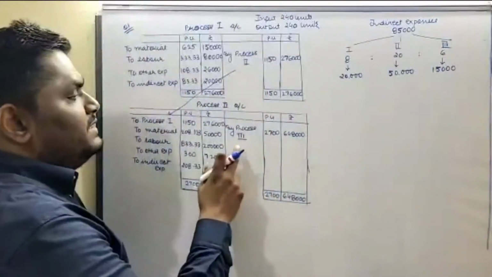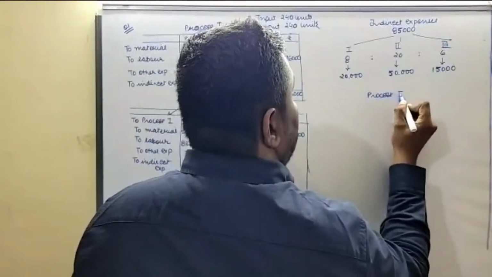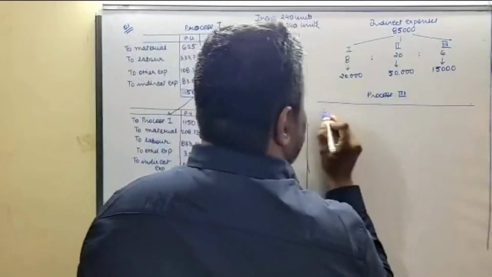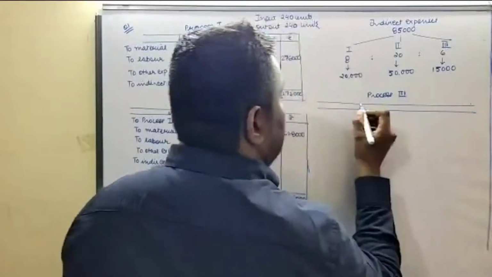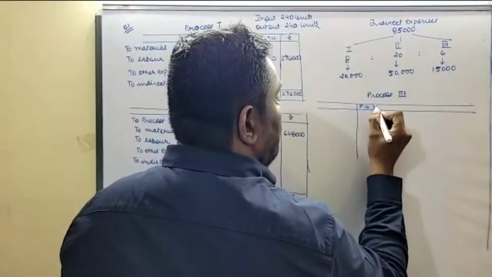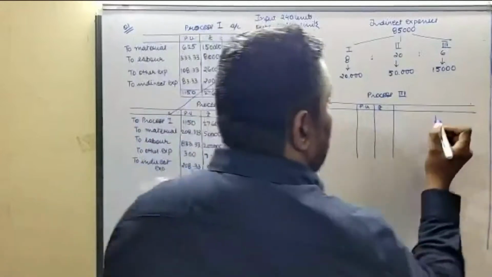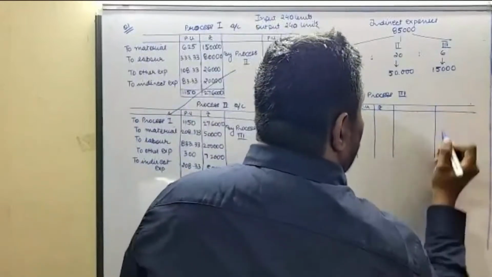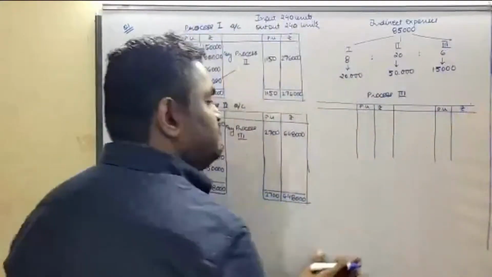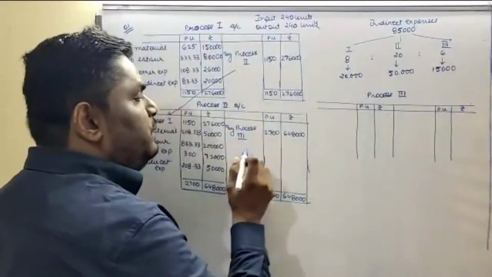Now the output of process second is transferred to the next process, that is process third. Herein again, the output of process second is transferred to process third.